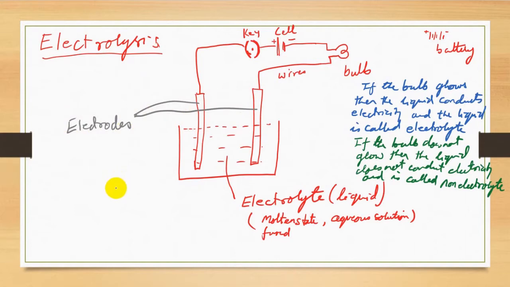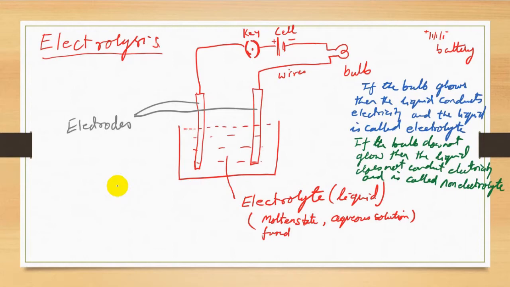Now, these two rods, one of them will be positive and one of them will be negative. So which one is positive? Left hand side one or the right hand side one? Which one is positive? Left hand side or right hand side? Hari, left hand side.